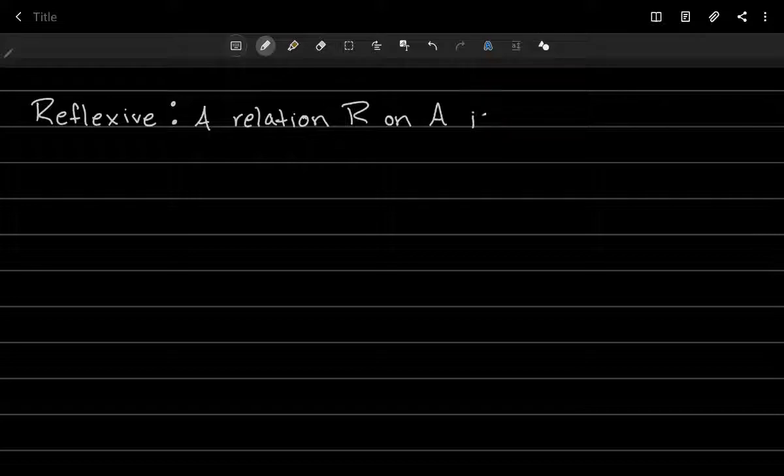Okay. R is reflexive if and only if, because it's a definition, for every lowercase a in capital A, lowercase a is related to lowercase a, i.e. itself. So reflexive means everything is related to itself.